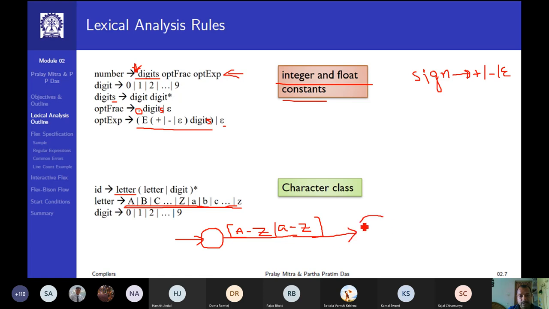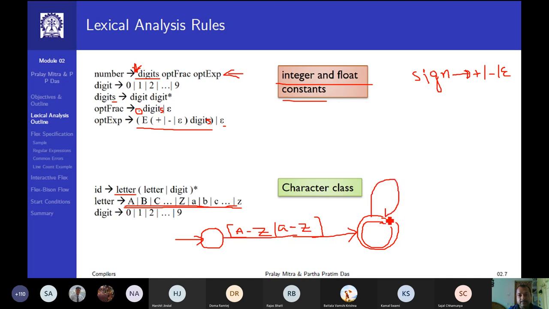This transition goes to some final state. So only one single character is enough, because you have used a number of single character variables like I, J. Most of you have used single characters for loop variables. So this is the final state it can reach.